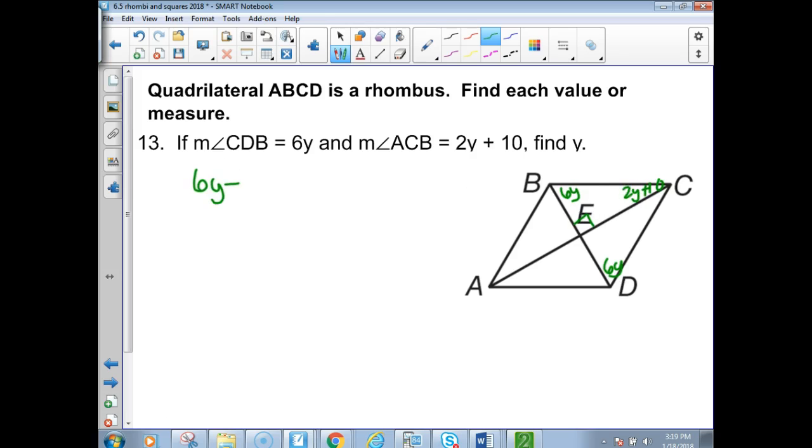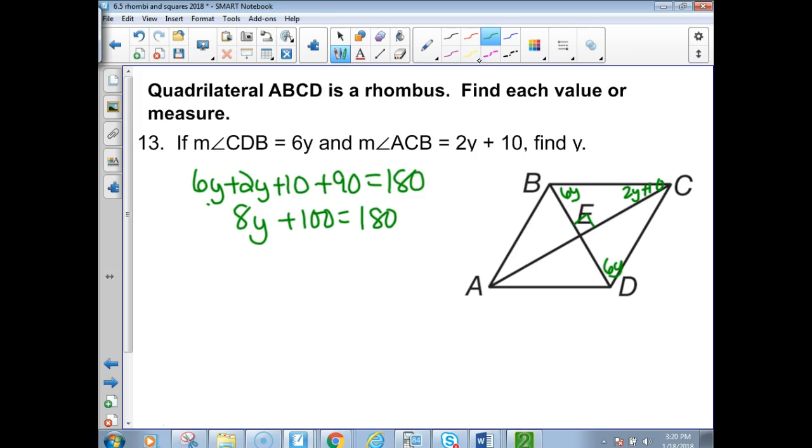So 6y plus 2y plus 10 plus 90 equals 180. I'm going to simplify. 8 times y plus 100 equals 180. Subtract 100 from both sides. 8 times y is 80. Divide by 8. And you've got y is 10.